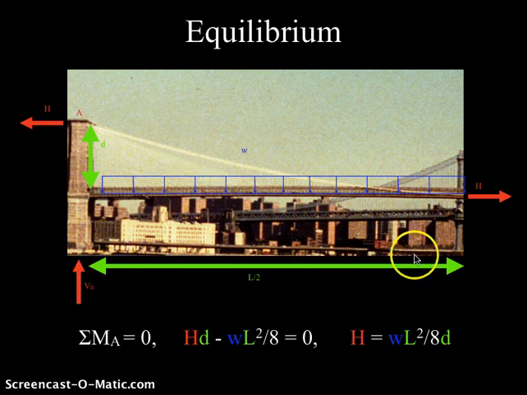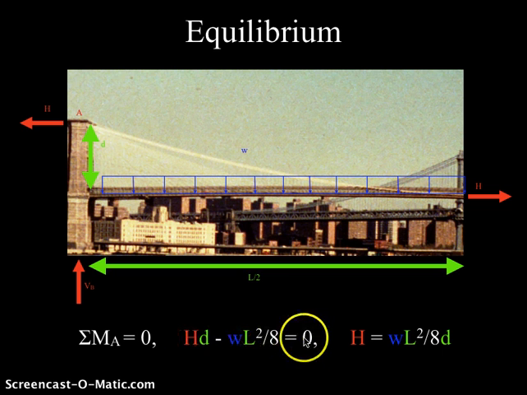L over 2 is this span here. And then the L squared and 8 come in because we take this gravity load, lump it as a single point force at half of this half span, and then compute moments through there. And this is detailed more completely in the structural study that accompanies the George Washington Bridge assignment.